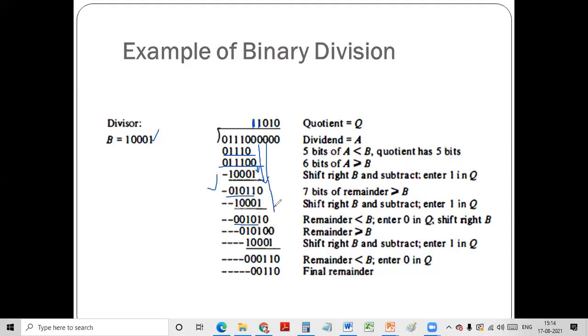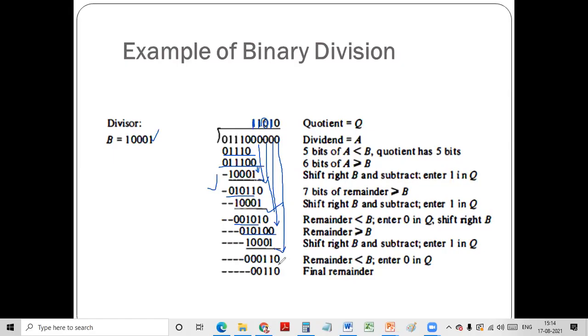Again take the next bit, and this one is lesser than B, so I will make my present quotient bit 0 and take the next bit. Now this number is greater than or equal to B, so it can go one time; perform the subtraction and get the next bit 0.